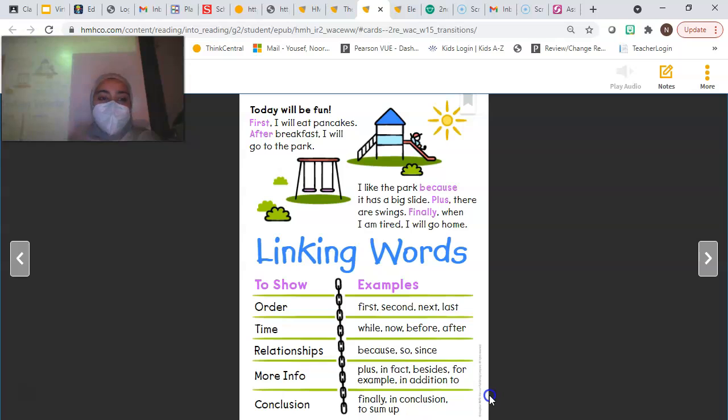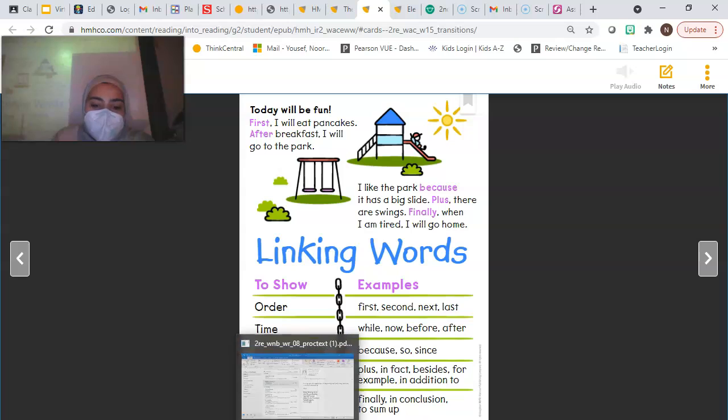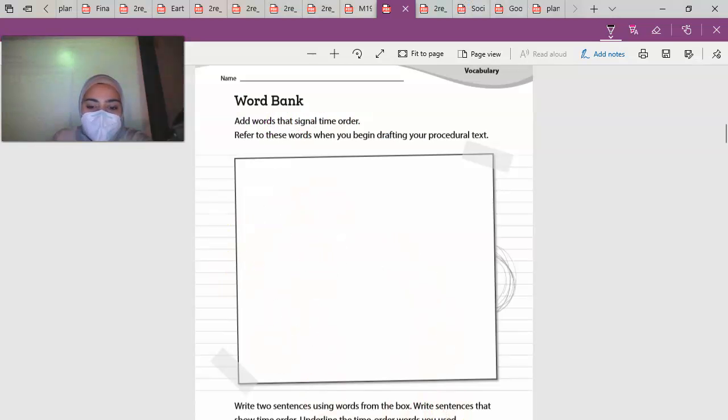These are words that will help you put your ideas together in a way that makes sense. These are ways to help you put your words in order, in chronological order, so it makes more sense for the reader. Okay? So I want you to copy down just the bottom part right here of this reading graphic organizer. You're going to copy it down on your writing notebook right here.